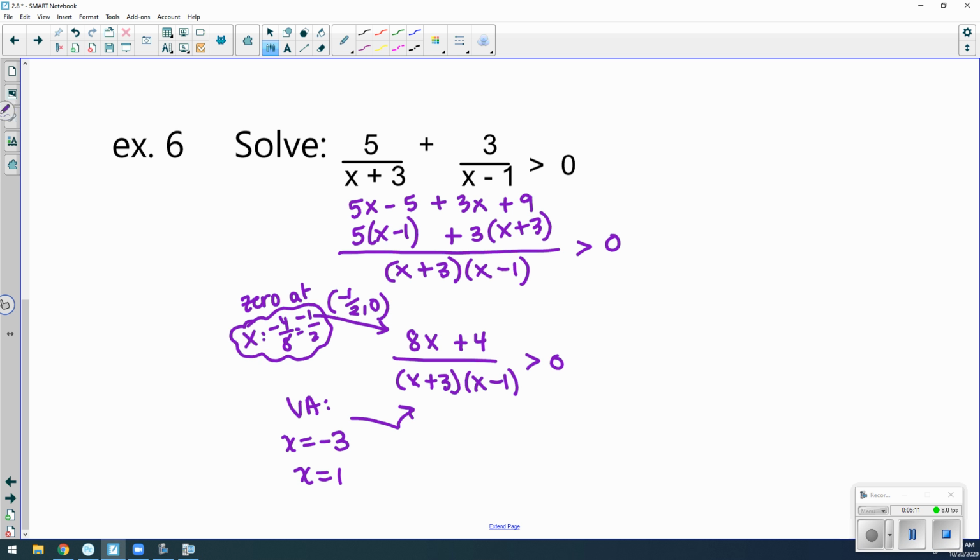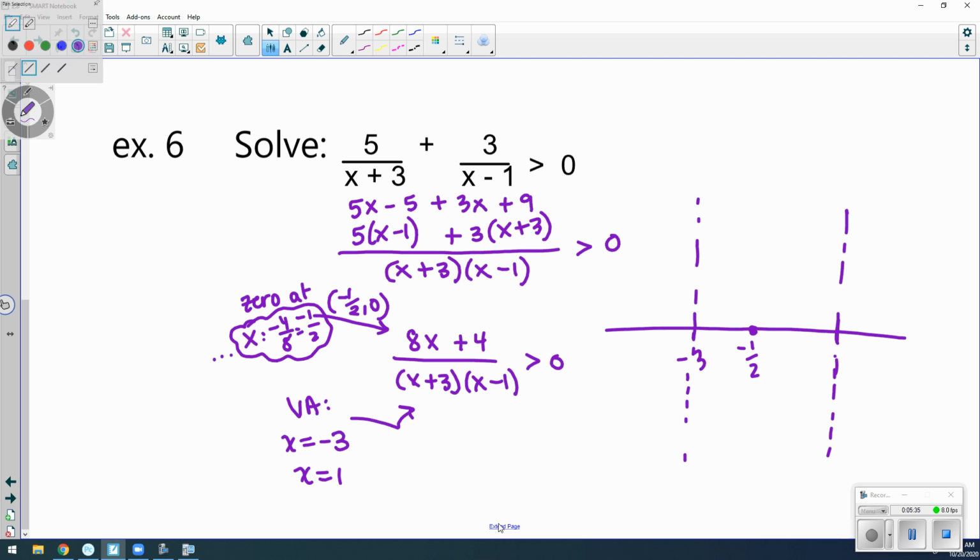All right, we're ready to make our test strip here, our little number line. So -3 and 1 are going to be asymptotes. -1/2, I'm going to put that right about here, and that's a 0. Okay, so test value time. Actually, I'm testing 4 intervals.